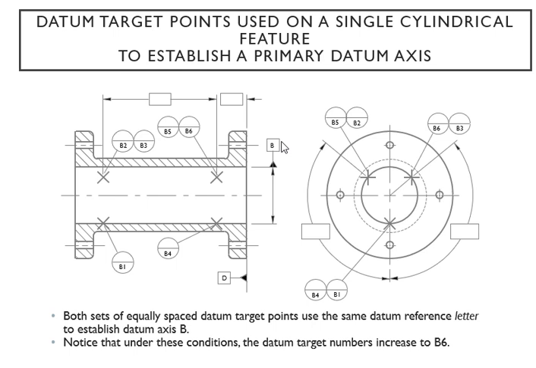So both sets have equally spaced datum target points, here, here, here, here, here, here. Then we use the same datum reference letter, which is this guy, axis B. So your datum target number again is going to increase to be 6, which is here.